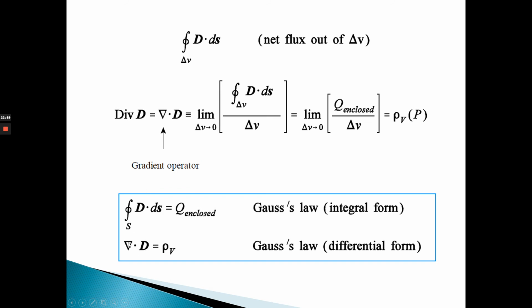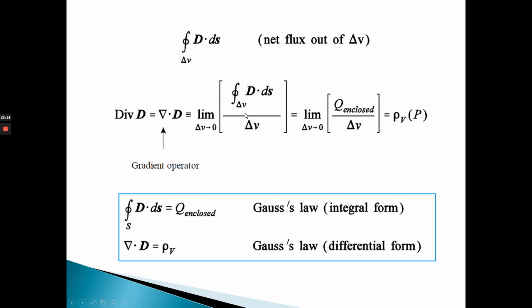If you do this del operation with D, the electric flux density, then you will find the volume charge density. So these are the two Gauss's laws. Again, this is the Gauss's law we learned just now in integral form, and then this is the differential form of Gauss's law.